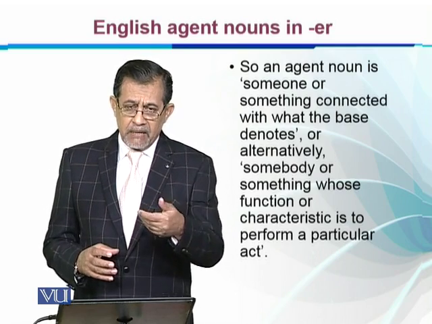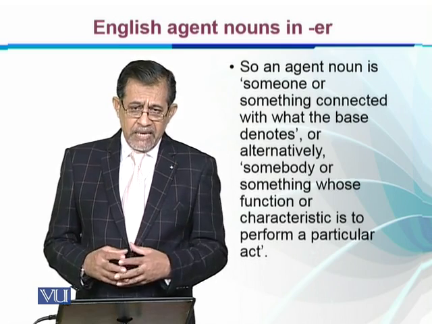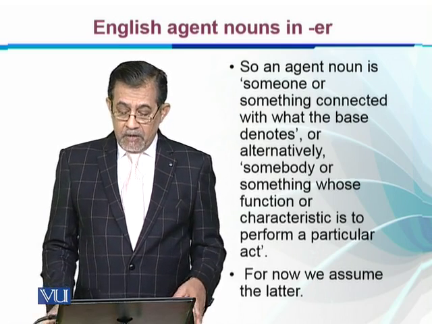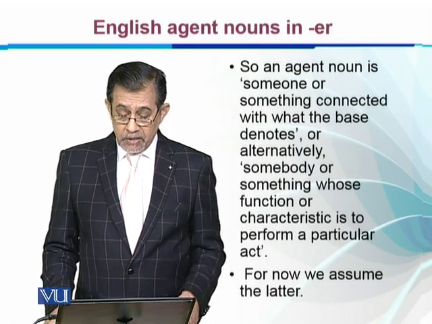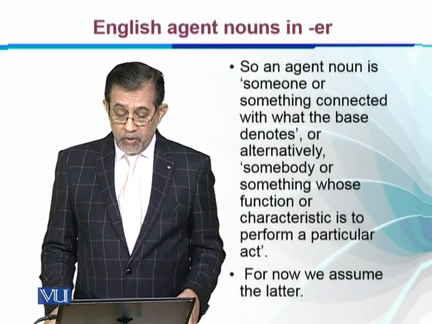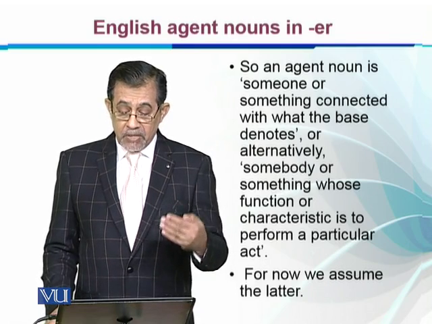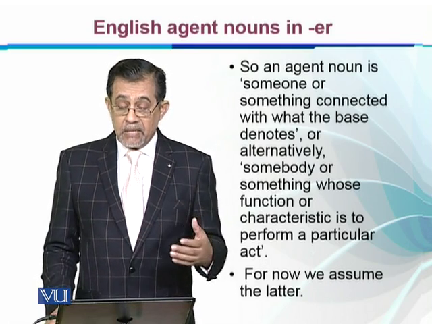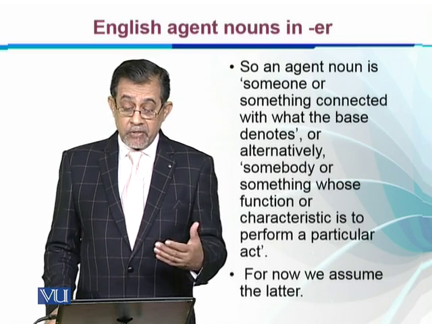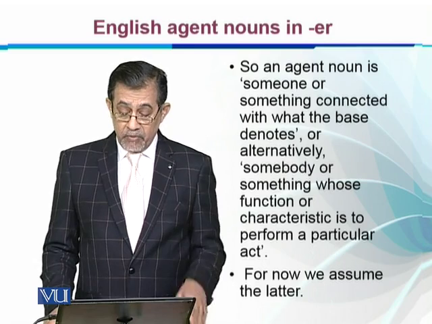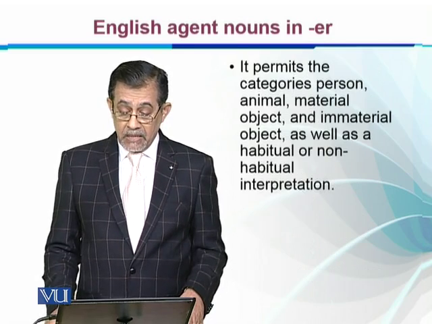Like baker is one who bakes, worker is one who works. For now we assume the latter, the second one: somebody or something whose function or characteristic is to perform a particular act. So we refer to this second meaning.